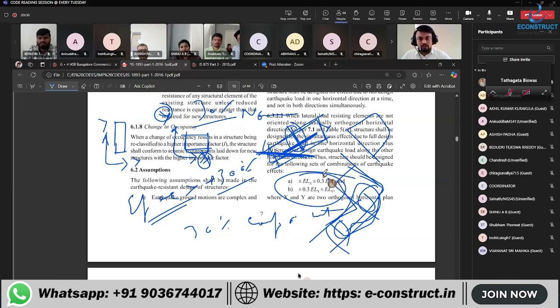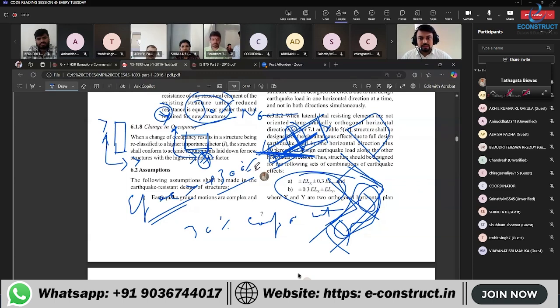So a total of 100% is not required for the other side. You take 30% of y along with x, and 30% of x along with y. Either direction, you need to take a 30% component. Why 30%? That has been specified by the code after rigorous analysis and rigorous case studies.